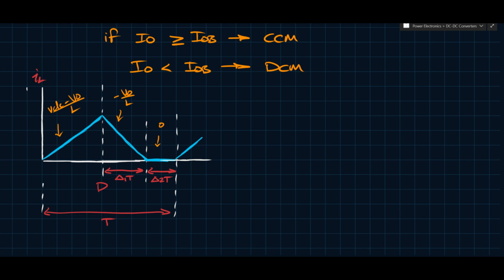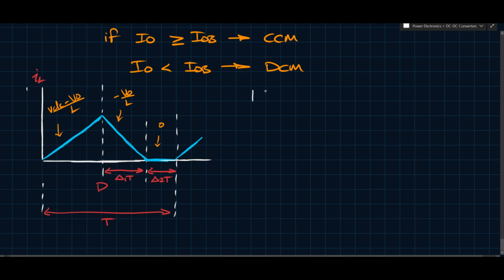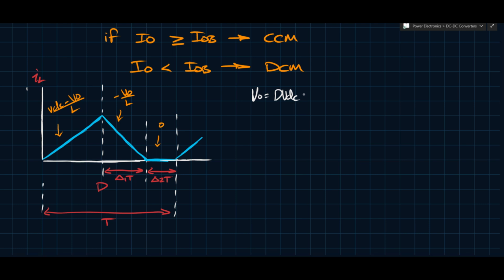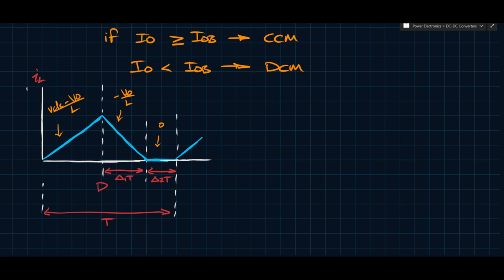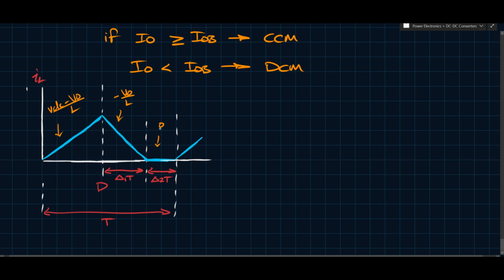If you were to use the relationship VO equals D VDC, and it's operating in discontinuous conduction mode, you would not get the correct conversion ratio, or the correct relationship between the input and the output. It changes for discontinuous conduction mode, which is expected since you're not using the entire switching period. There's some fraction of that being used.